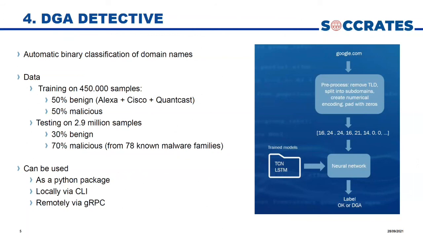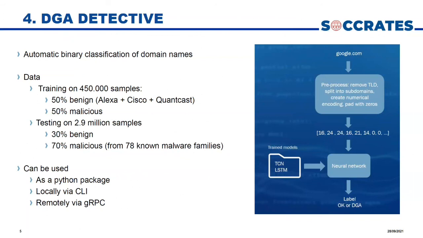And then the domain is padded at the end with zeros, because for a neural network all the inputs need to have the same length. As many domains do not have the same length, we establish a maximum length and fill everything with zeros at the end, such that everything matches.